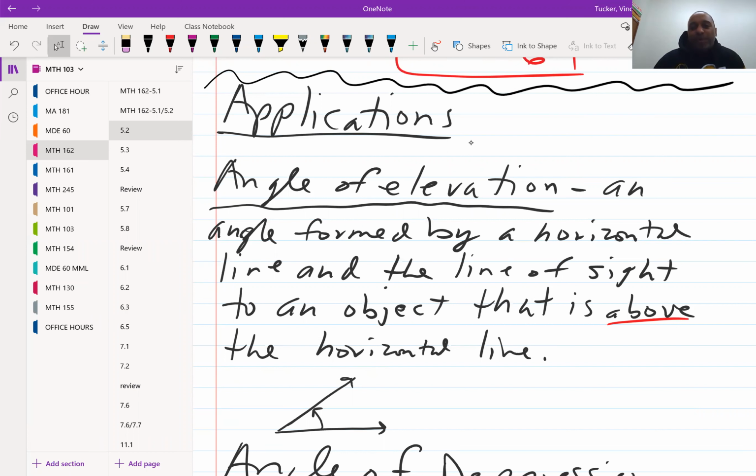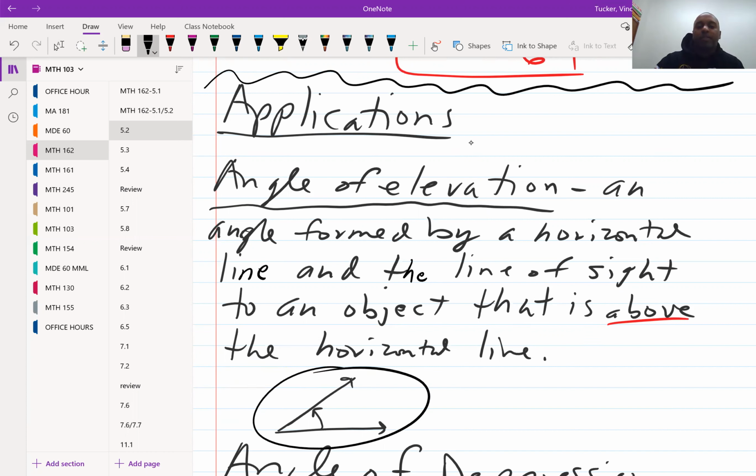So an angle formed by a horizontal line and the line of sight to an object that is above the horizontal line. So here's an example of that. You think about elevating, so your angle is going to go up: horizontal line, angle going up.